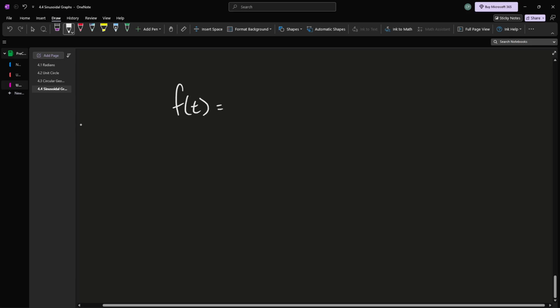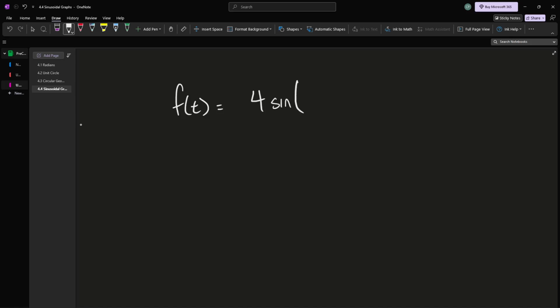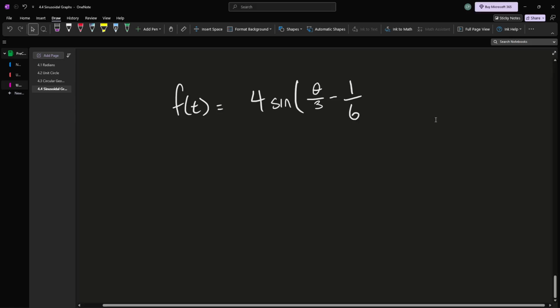So the numbers that we'll use will be 4 sine, we'll do theta over 3, minus 1/6, minus 2.